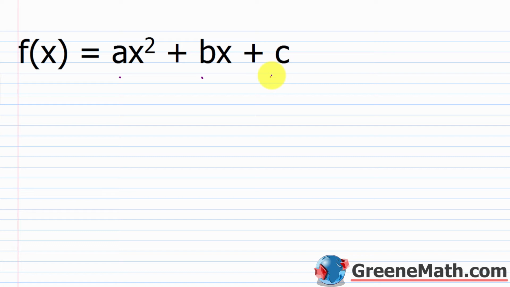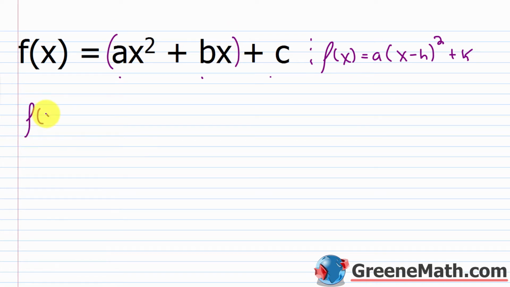So if I was to have this guy right here, and again, I want this in the format of f of x is equal to a times the quantity x minus h squared plus k. The first thing I would do is I would factor out the a from these first two terms right here.